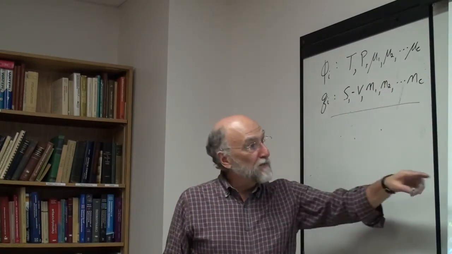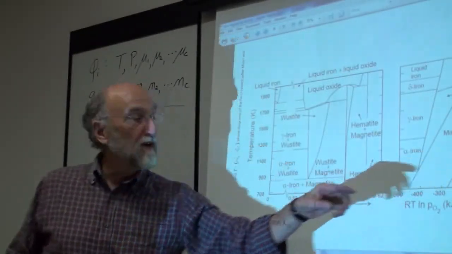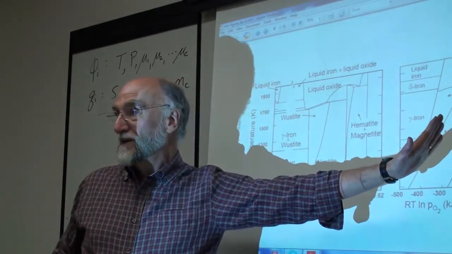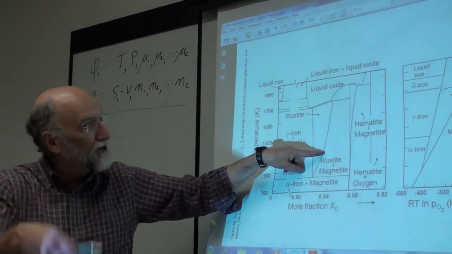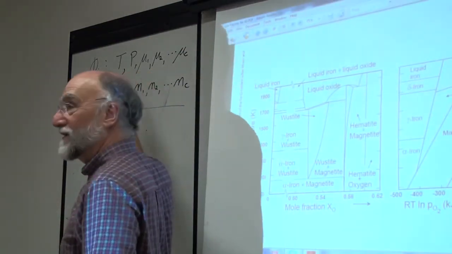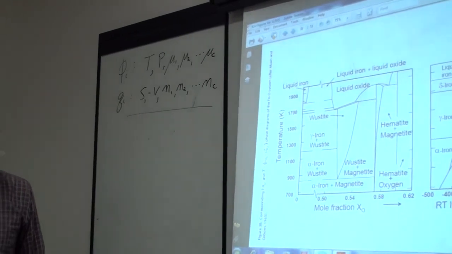So what this means is if I go across this diagram this way, I necessarily go across this diagram the same way. If I move from left to right here, I necessarily move from left to right here. If I go across here and I add oxygen to the system, I necessarily increase the chemical potential. Otherwise, you disobey the, I'll go through it, what the heck you call it.